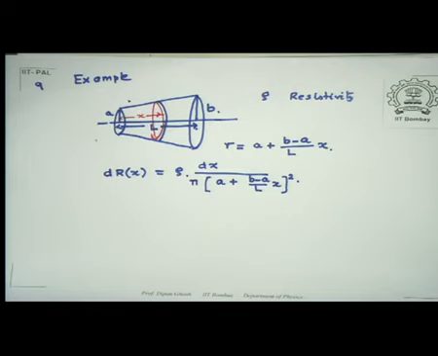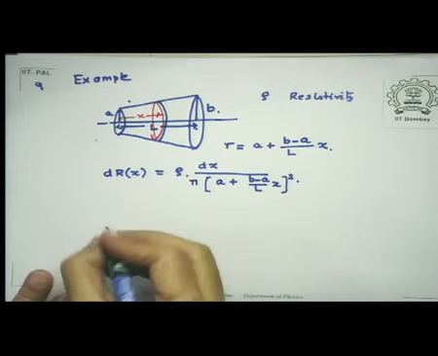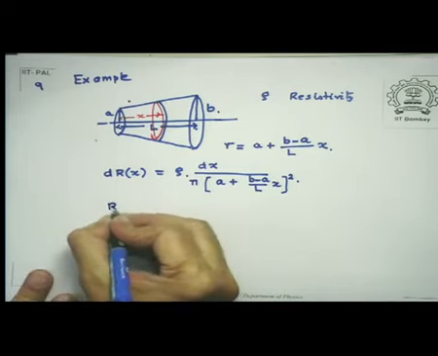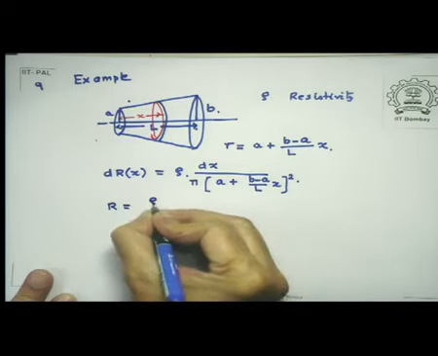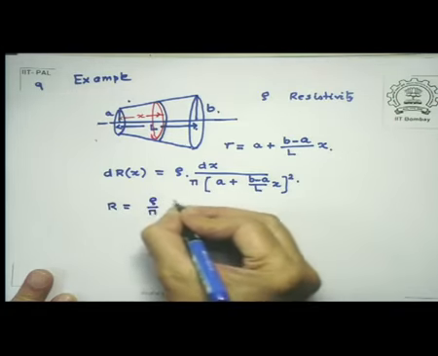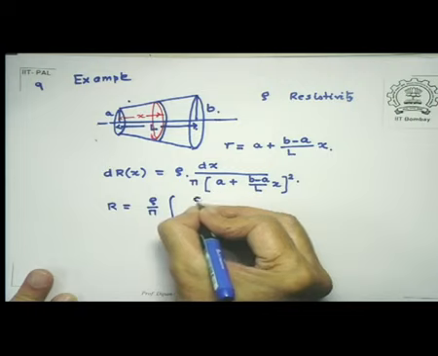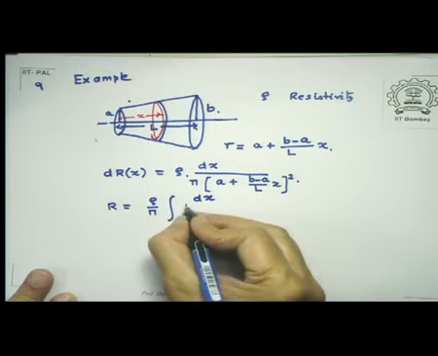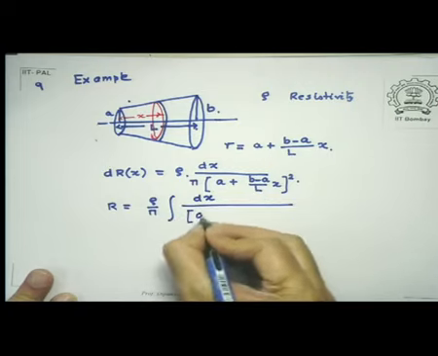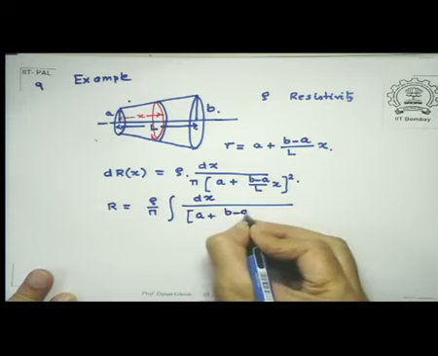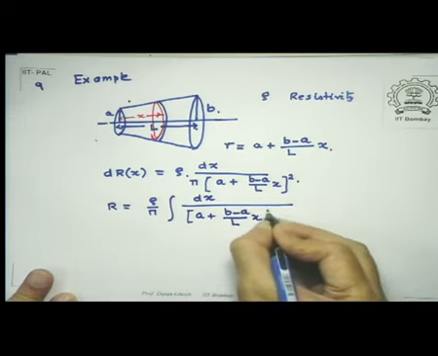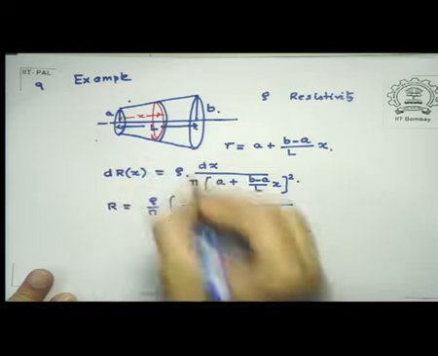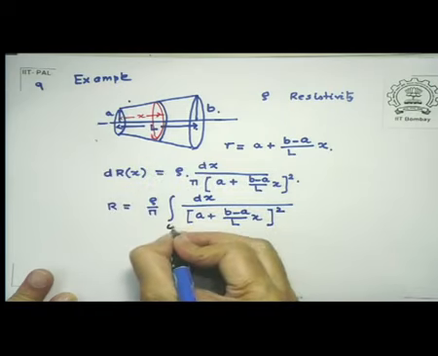So to find out how much is R, rho over pi is of course a constant number, I integrate this quantity dx divided by (a plus (b minus a) over L times x) whole square, and x is from 0 to L.